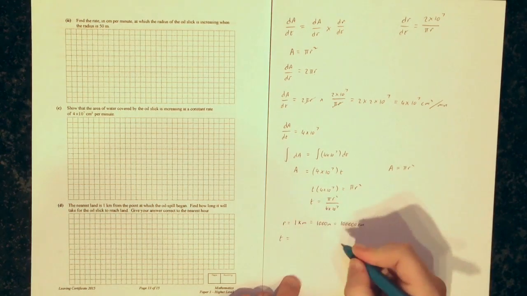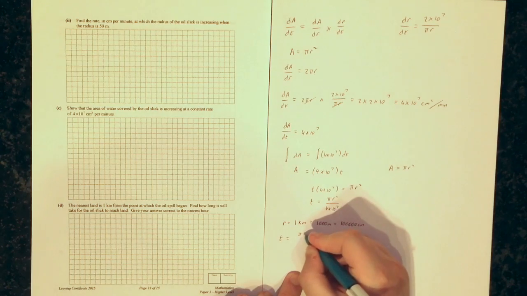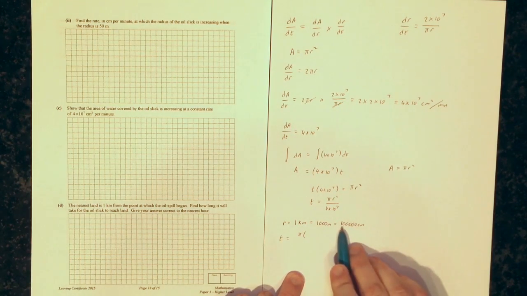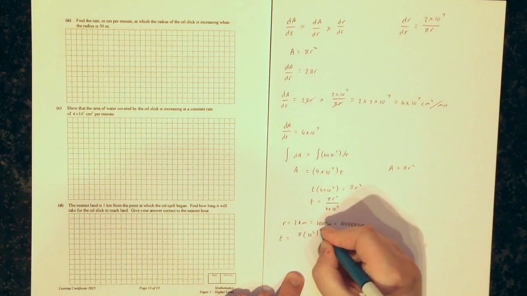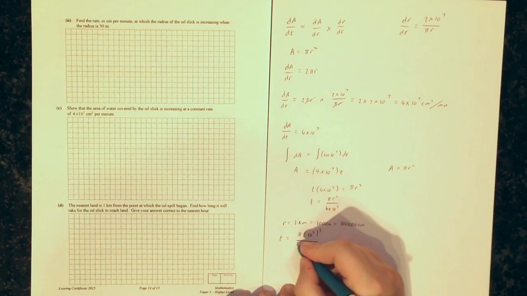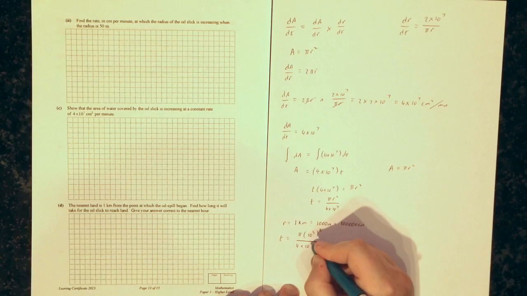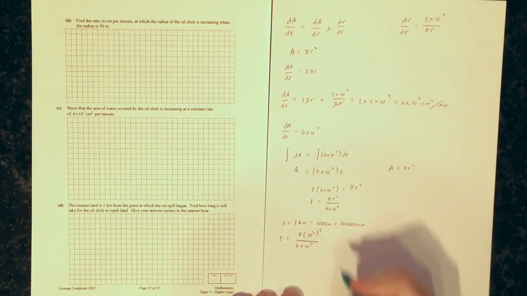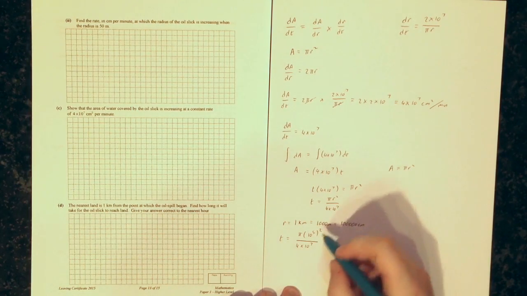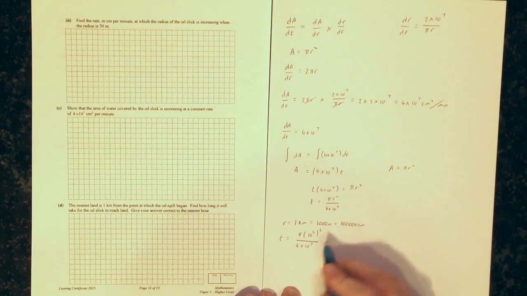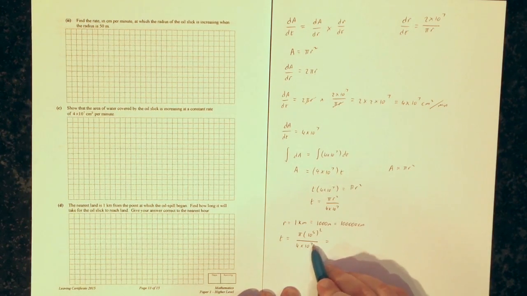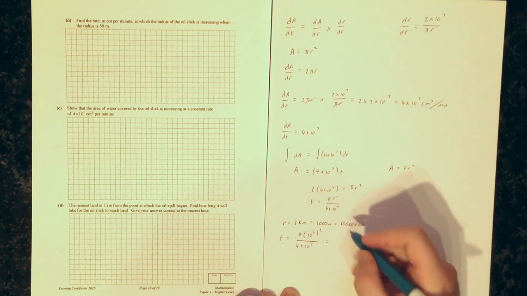Then t will be equal to π times r, which is 100,000, or 10^5, squared, divided by 4 × 10^7. Now this is going to be equal to 10^5 squared is 10^10, and that divided by 10^7 leaves 10^3.